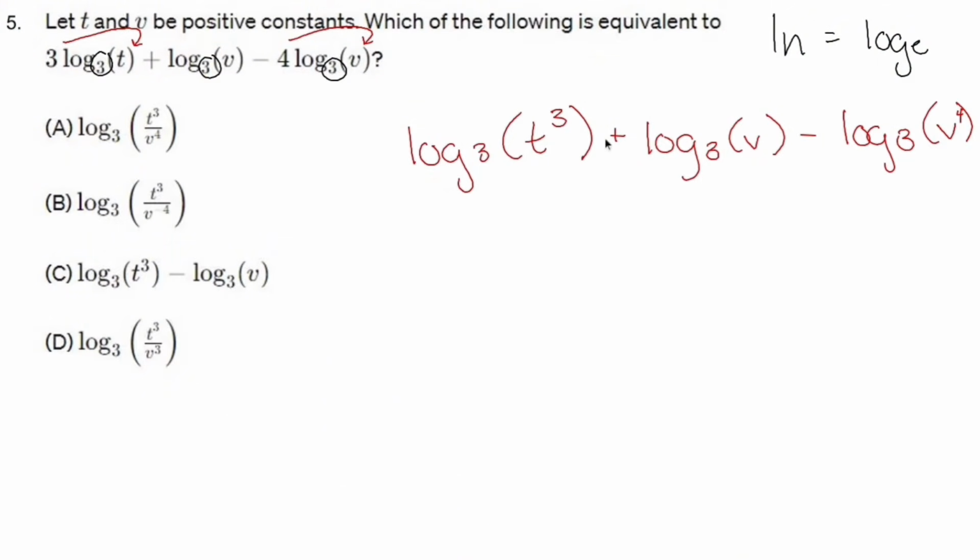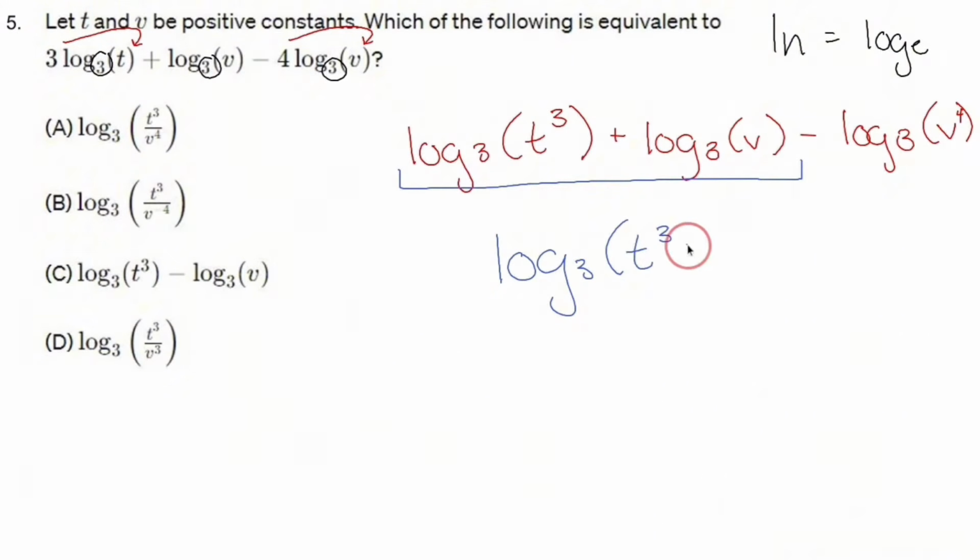Now, the first thing I'm going to do is move left to right, and combine these guys through multiplication of the insides. When you add two logs of the same base, you multiply the insides. So log base 3 of t cubed times v.